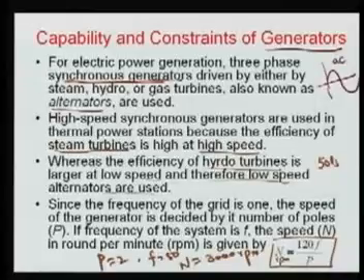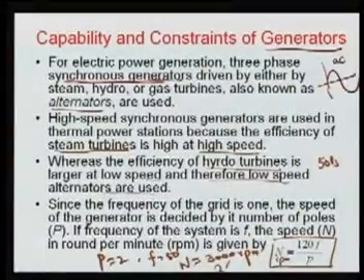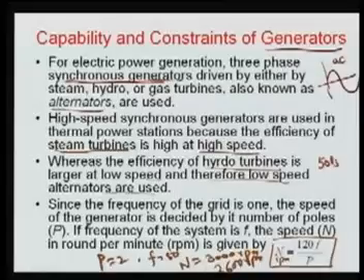However, in the USA, Canada and Mexico, which operate on a 60 Hertz system, this will be 3600 RPM. So the maximum speed that we can achieve in any alternator is 3000 for the 50 Hertz system, and 3600 for the 60 Hertz system.